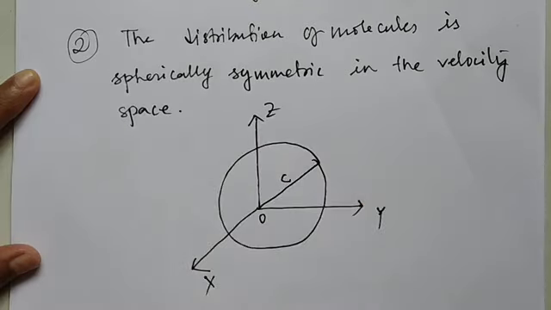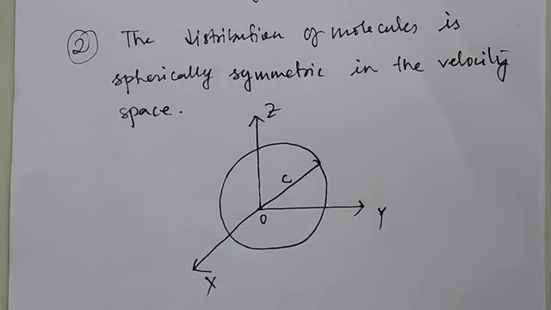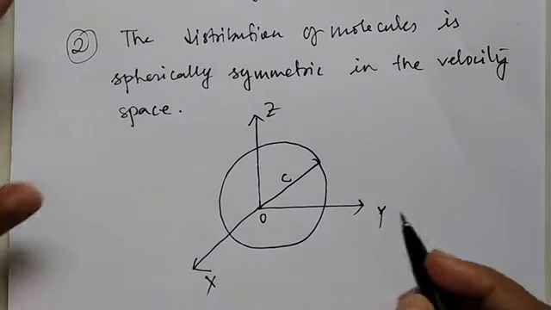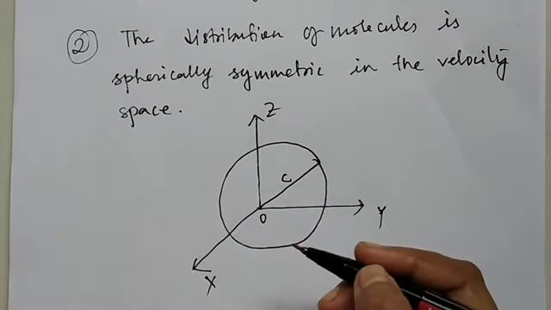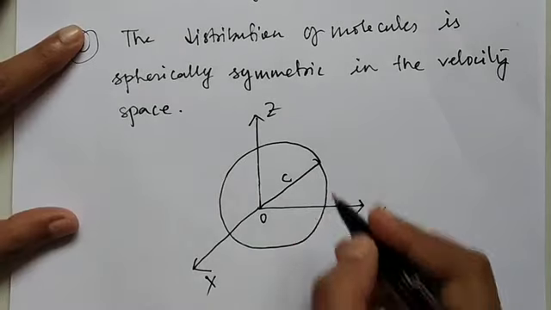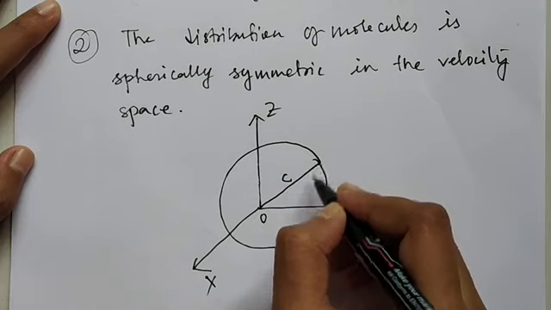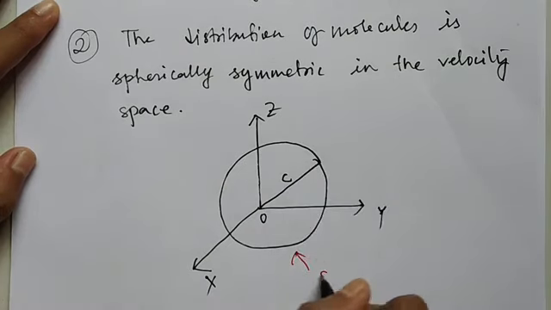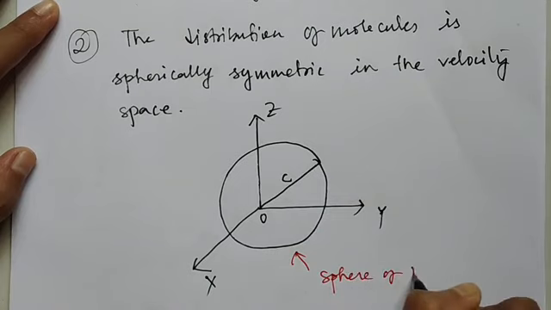Okay, so this is our velocity diagram that we have already used before. So this is a sphere, in 3D imagine it as a sphere of radius c.